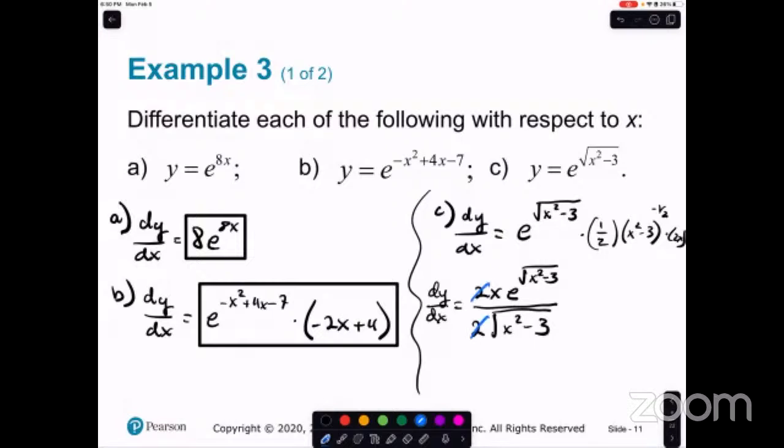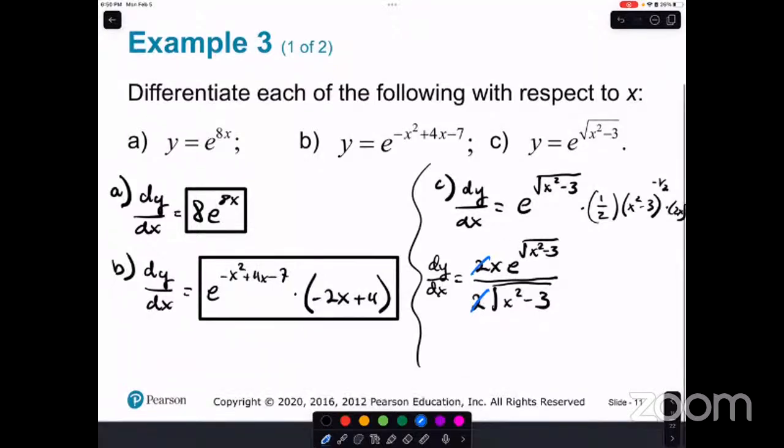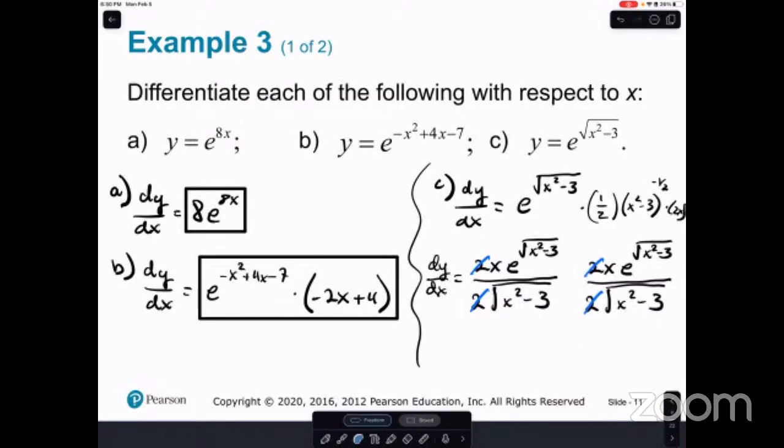I guess I can copy and paste. Copy, paste. This is equals. Undo.